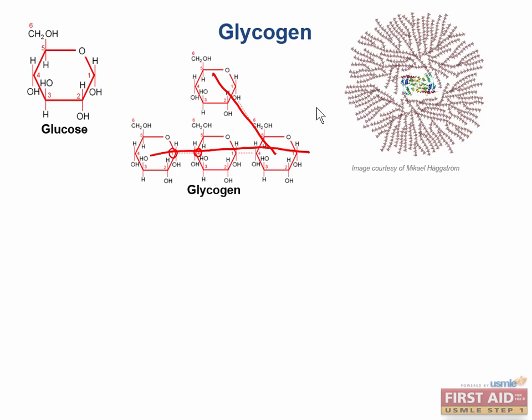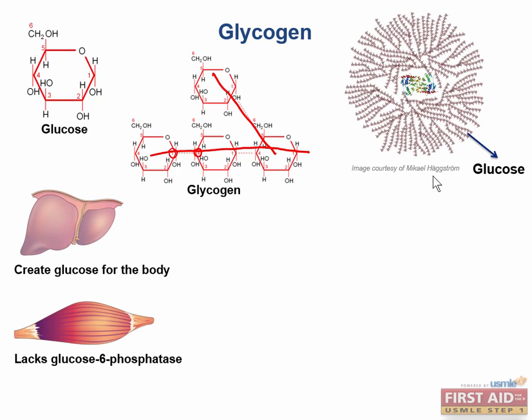So we can see after a lot of work has been done, we get this nice compact form of stored glucose. When glucose levels drop in the body, this stored glycogen form can now get reconverted back into glucose, which can then go on to feed glycolysis and then the TCA cycle for ATP production.